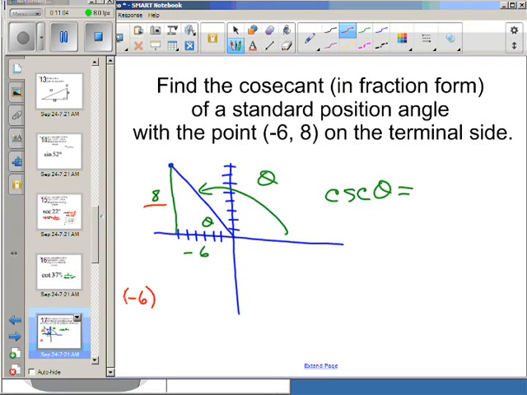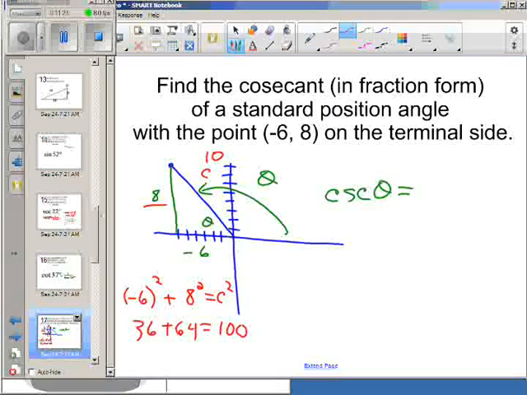Now you could do negative 6 squared, and if you do that on your calculator, remember to put your negative 6 in parentheses, plus 8 squared is c squared. 36 plus 64 gives me 100, so then c must be 10. Or if you're good, maybe you did see that this was a multiple of 2 of the 3, 4, 5 triangle, so 3, 4, 5 becomes 6, 8, 10.